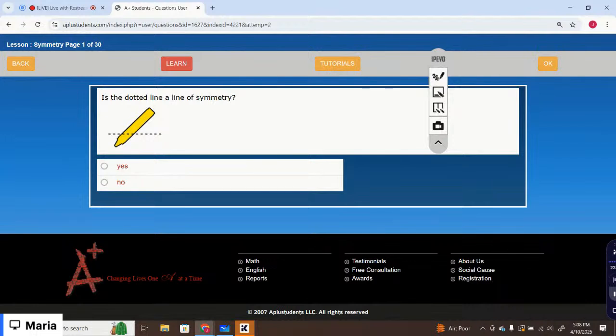You have to fold the image along the dotted line. If you fold the image along the dotted line and both sides exactly match up, that means the line is a line of symmetry. For the one we are on right now, they do not match, so no, that is not a line of symmetry.